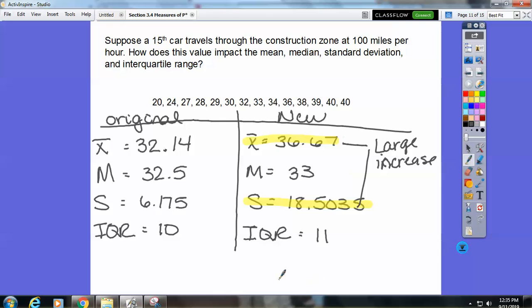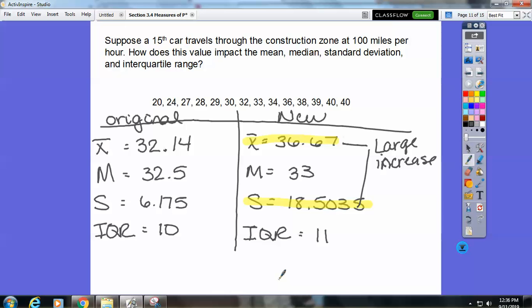But our median and our interquartile range changed a little bit, not a lot. We talked before about how the mean is really sensitive to outliers. If you throw a crazy big data value in, it's going to really change your mean. The median shifts just a minimal amount, so if you have a lot of outliers, the median is better.